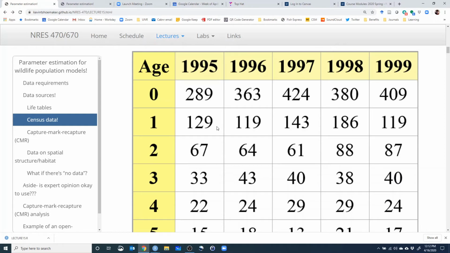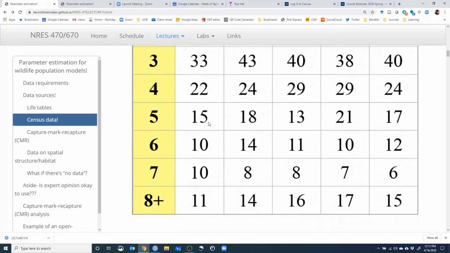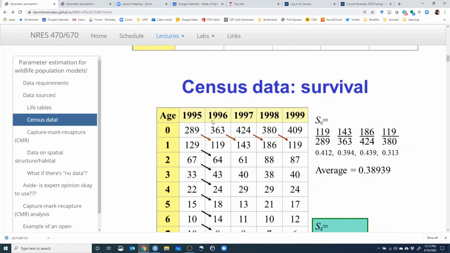So all we have to do is divide and say 119 divided by 289, that is equal to 0.412, right? So we take 119 divided by 289. That's the survival rate of newborns in 1995.